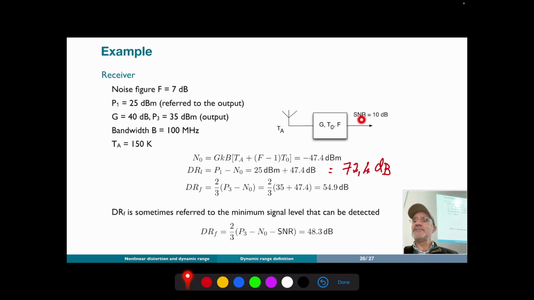If we have a signal to noise ratio required at the output of 10 dB, then the spurious free dynamic range referred to the minimum signal level is obtained by subtracting the signal to noise ratio from this result. Okay.